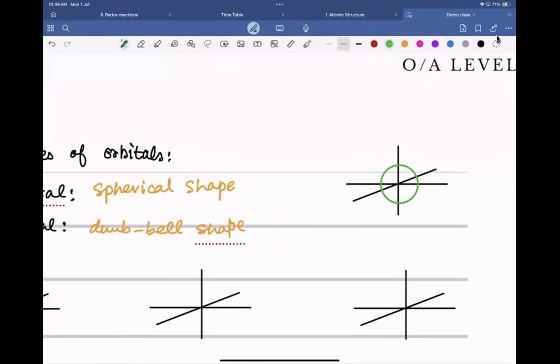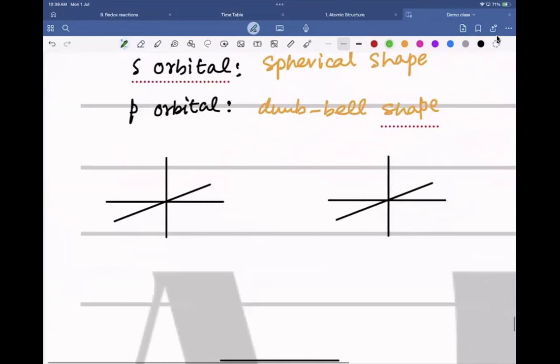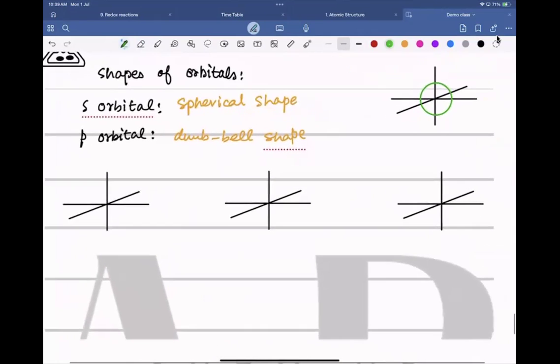Yes, sir. And for the dumbbell, there are three p orbitals. One is px, one is py, and one is pz.